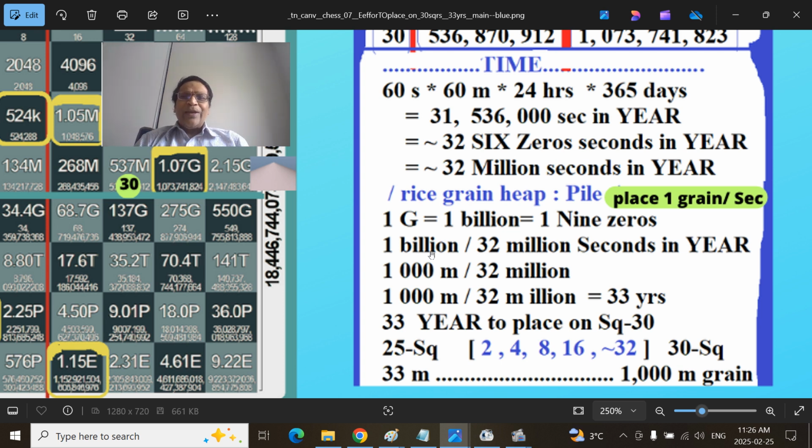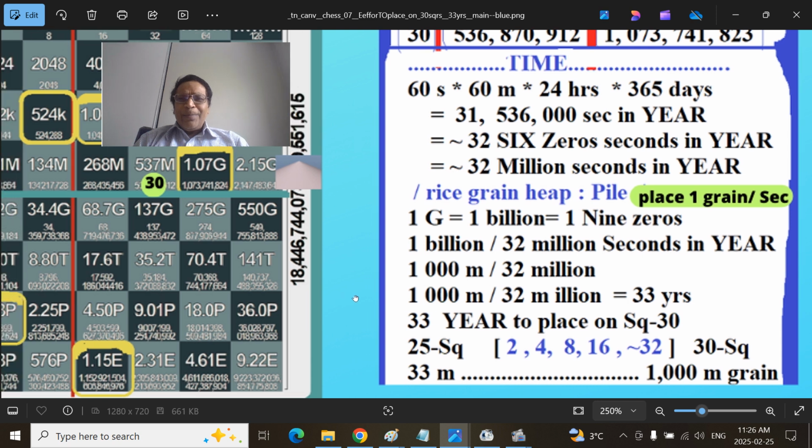So if you take 1 billion grains, 1 giga grains, and divide it by 32 or 33 million, 1 billion is nothing but 1000 million. Remember, million is 6 zeros. So 1000 is the numerator and 32 or 33 is the denominator. You get 33 years. Again, very easy to remember. You are on the 31st square here. That is 1 giga grain or 1 billion grains. It takes almost 31, you said 33 years to fill it.